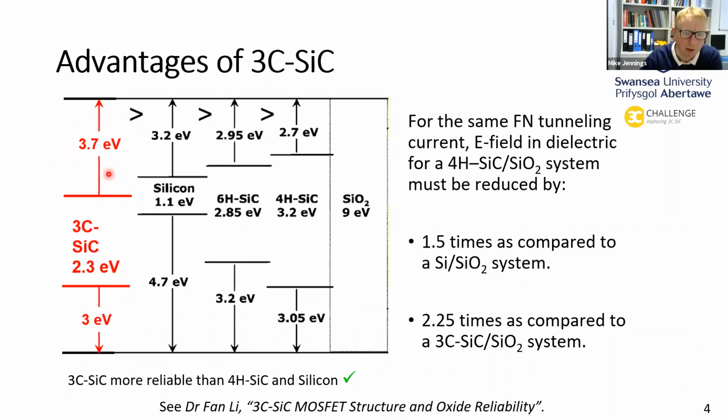Here you see that the band offset with silicon dioxide is the highest, 3.7 electron volts for cubic silicon carbide, higher than its silicon, 6H silicon carbide, and 4H silicon carbide counterparts.